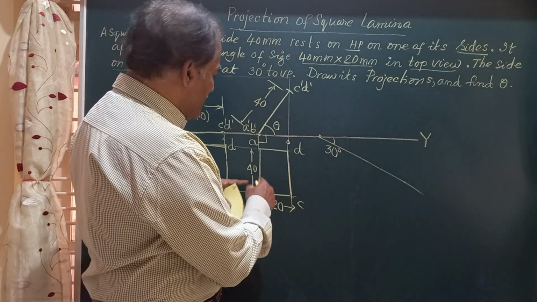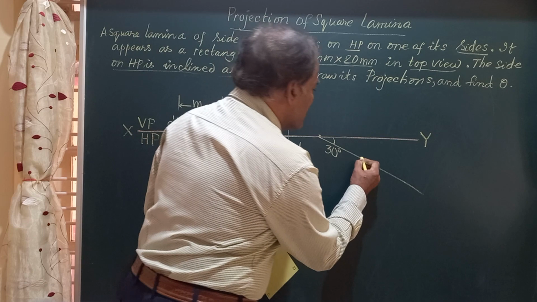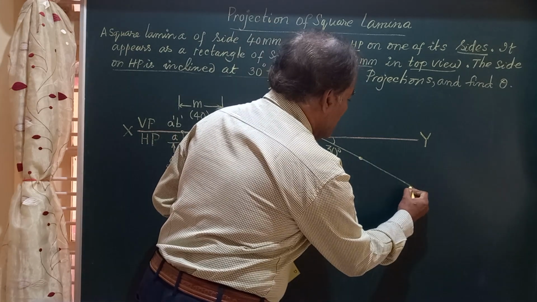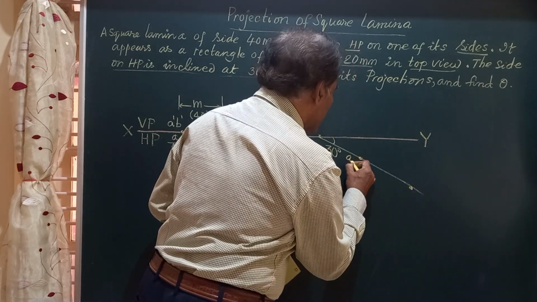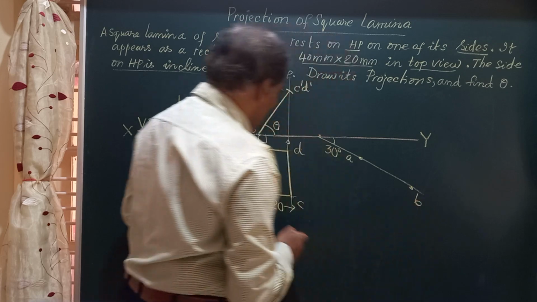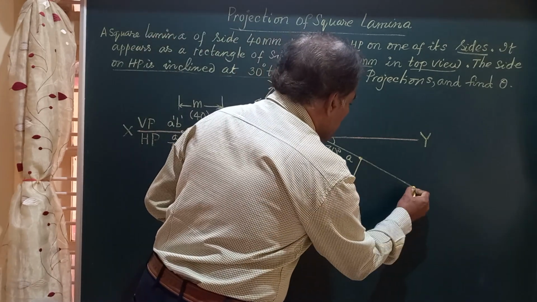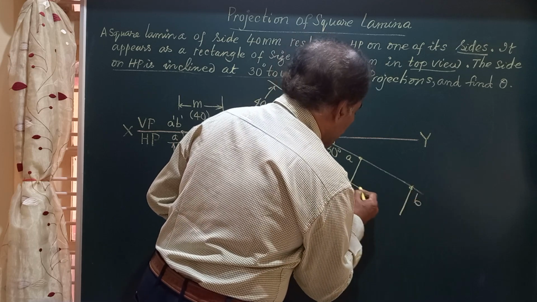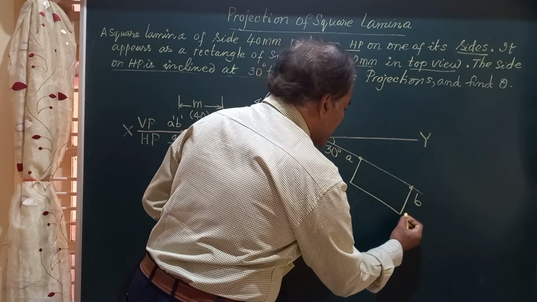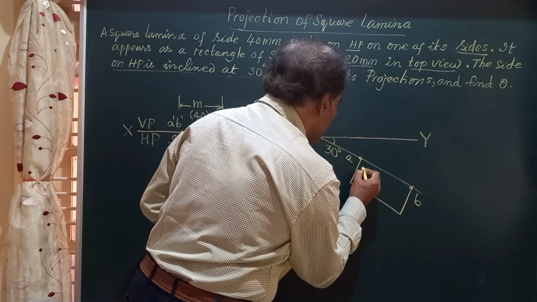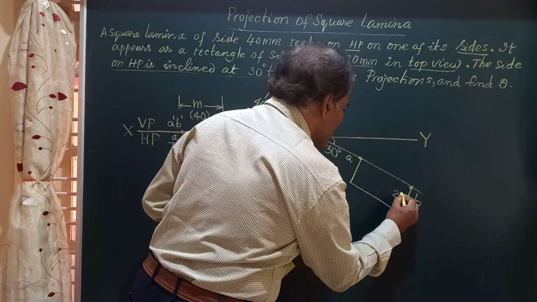And on this I am going to mark A, B, C, D. So I will call this A and this B. Point A, point B. I am going to reconstruct this figure. Then C and D. This will have a dimension equal to 20 mm. This is 20, I just mark this 20 here.